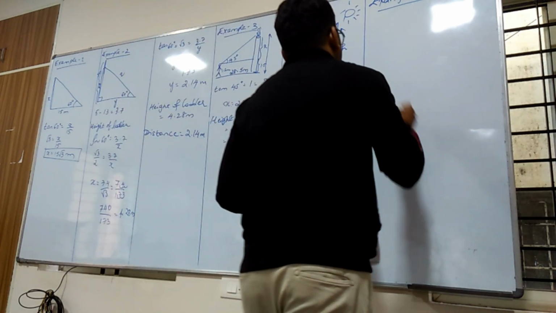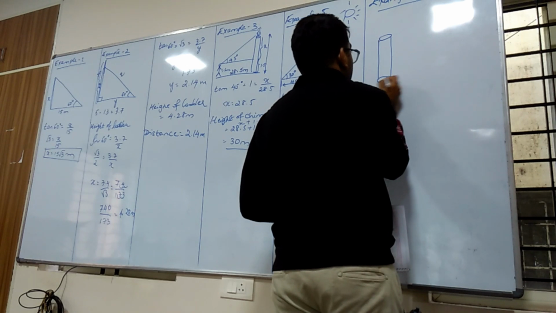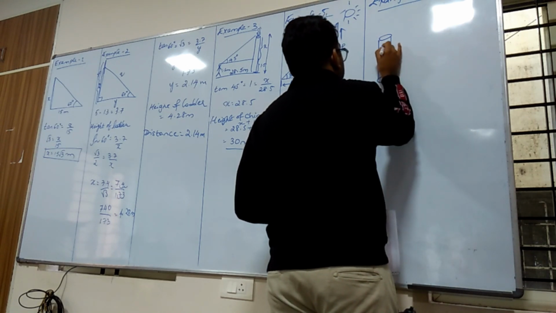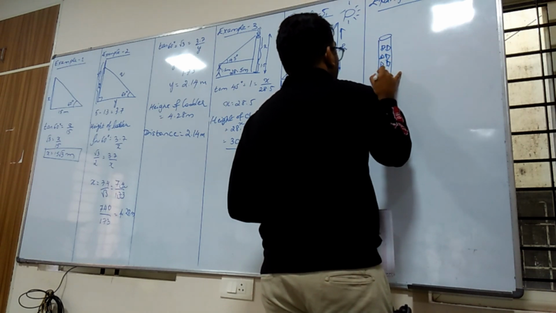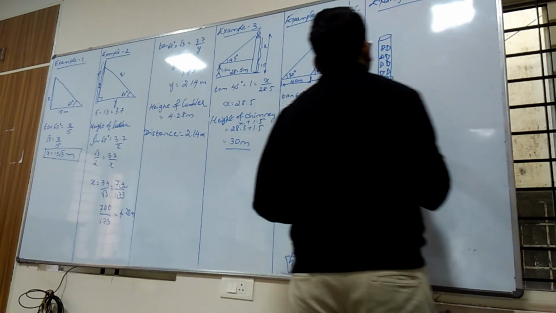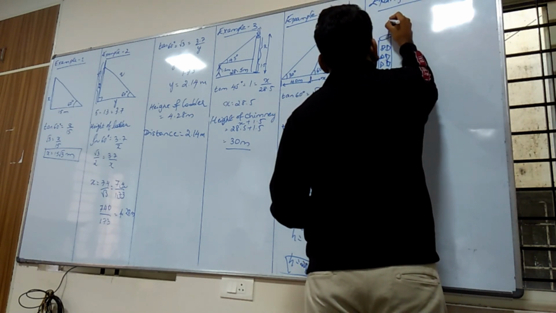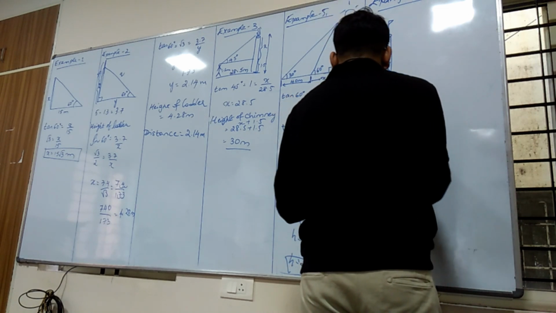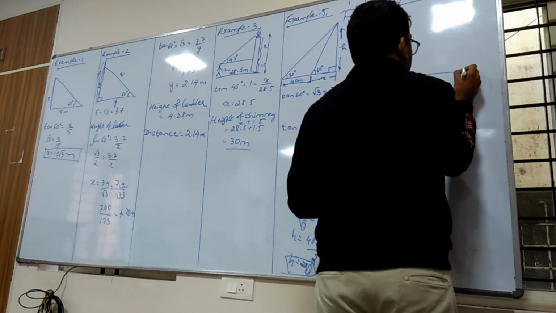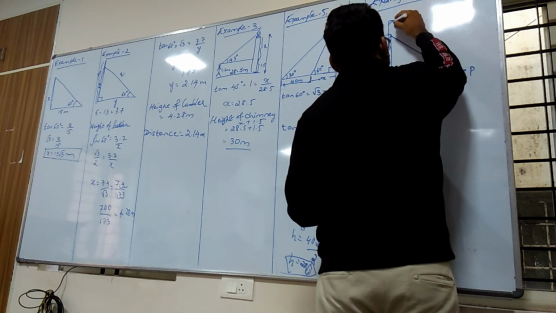So, initially this is the building. This looks like a building. On top of it there is a flag. So this is the point P. Yes, they have given it like this.